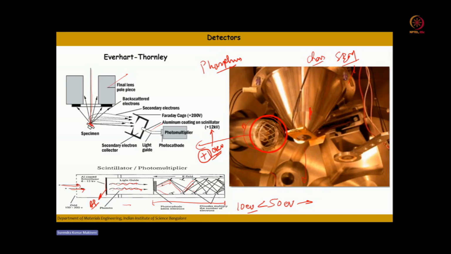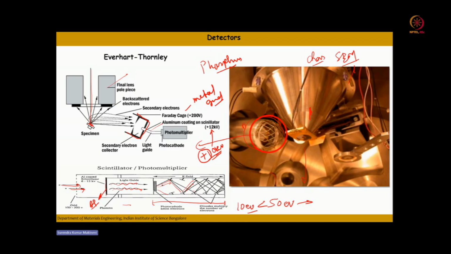Along with this aluminum-coated scintillator, there is a Faraday cage, which is a metal grid, also called a collector, kept at a few hundred volts, plus 200 volts. There is a very important role for this Faraday cage.